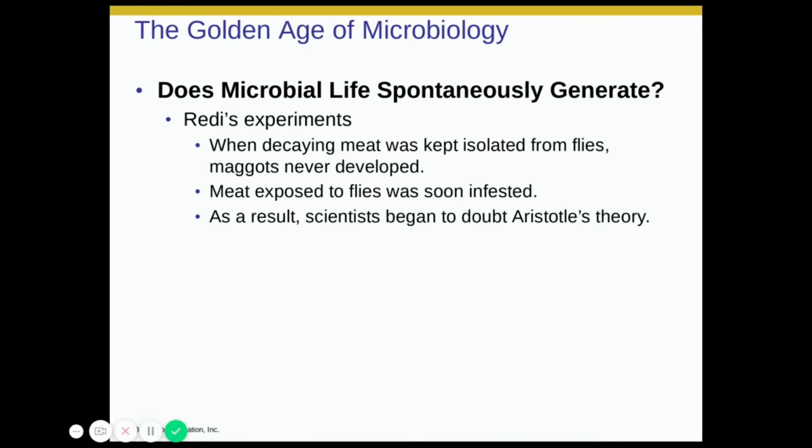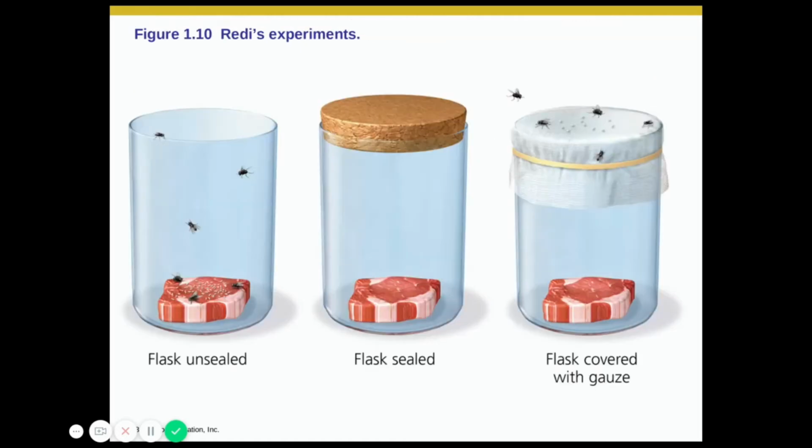So the common thought would be that maggots come from meat, right? Well, he said, if maggots really come from meat, then if I change up the scenario that this meat is in, the maggots should still come out of the meat. So what he did is he had multiple flasks, right? Some flasks unsealed and some flasks sealed. Some flasks would actually have gauze over the top.